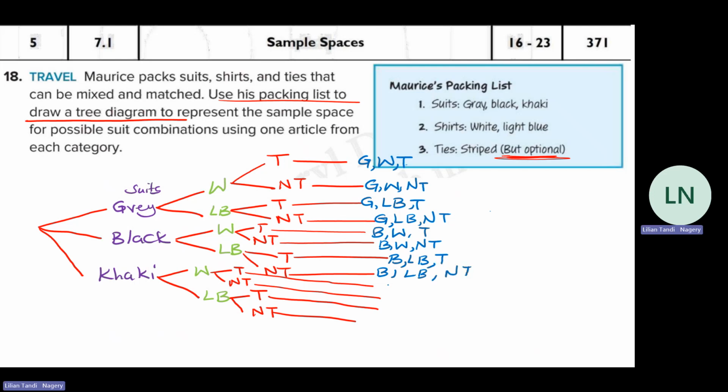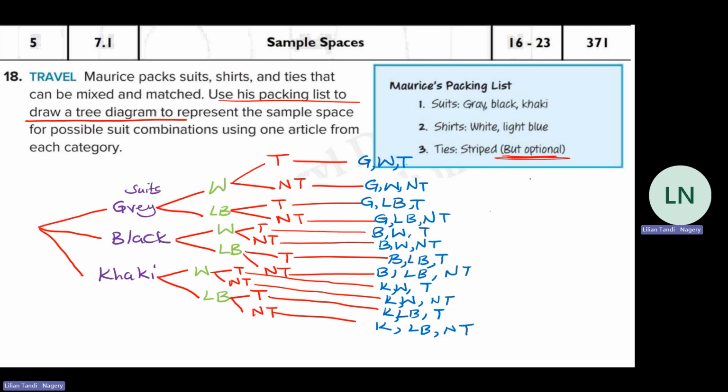Here you're gonna have khaki, white with tie, khaki, white with no tie. Here you're gonna have khaki, light blue with tie, khaki, light blue with no tie.